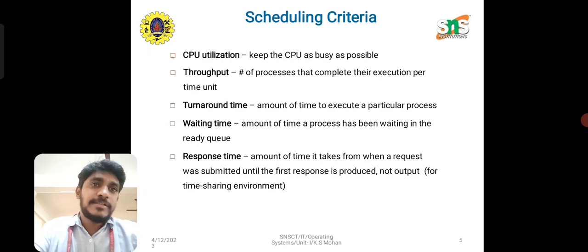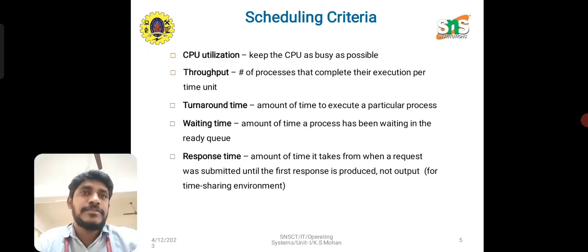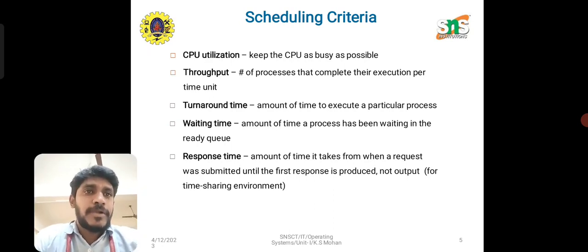So keeping the CPU as busy as possible is an important thing. Throughput is the number of processes that complete their execution per time unit. Throughput is an important concept in the operating system. It is the rate at which processes complete their execution.